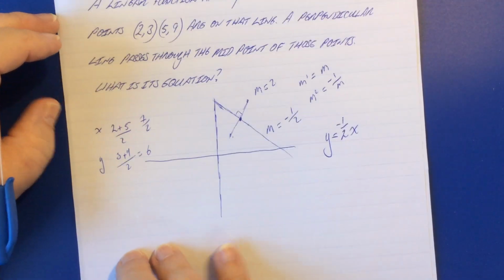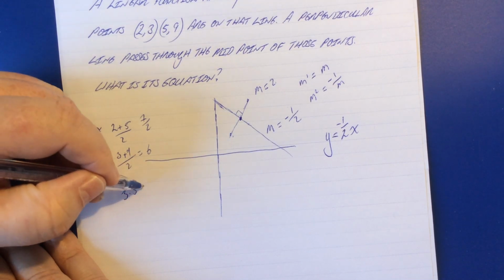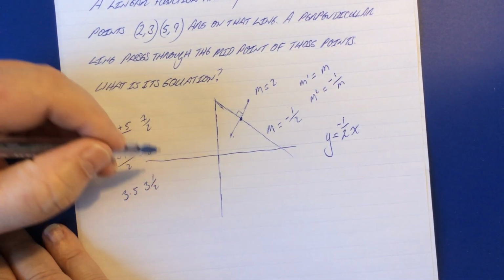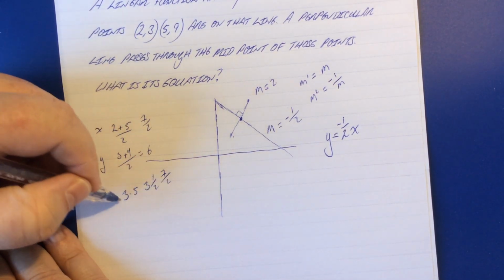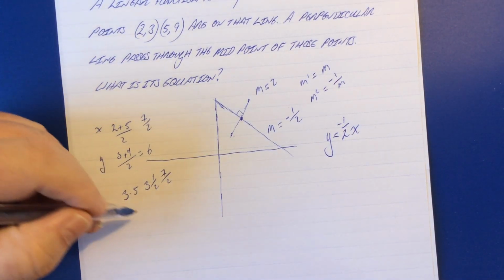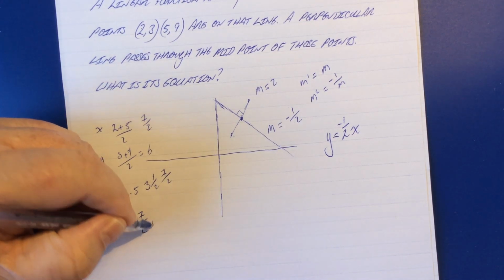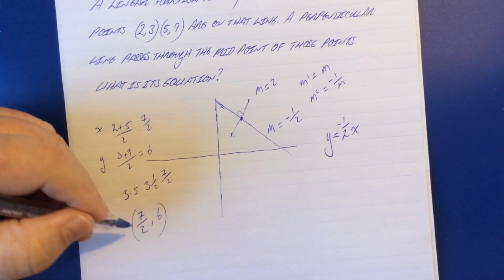So we have 3.5, 7 over 2, whichever way you want to write it, and 6. So I'm going to write it as 7 over 2 and 6.